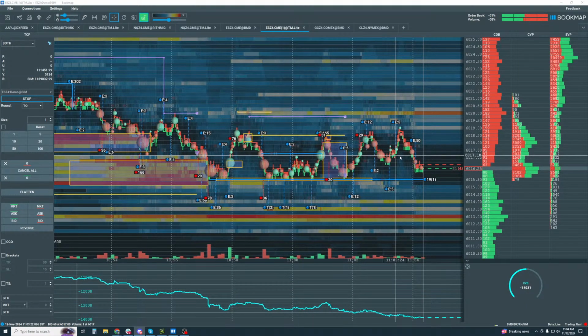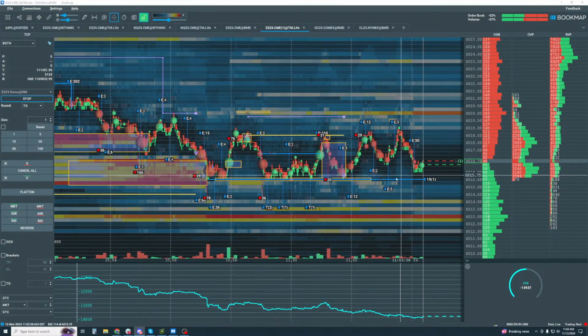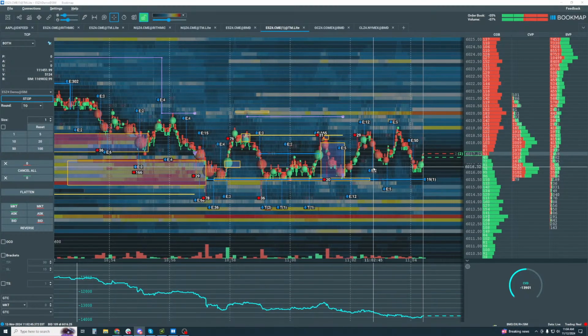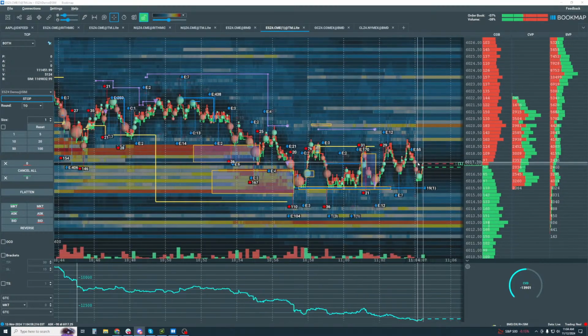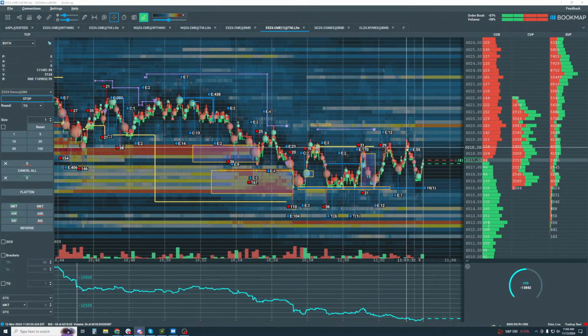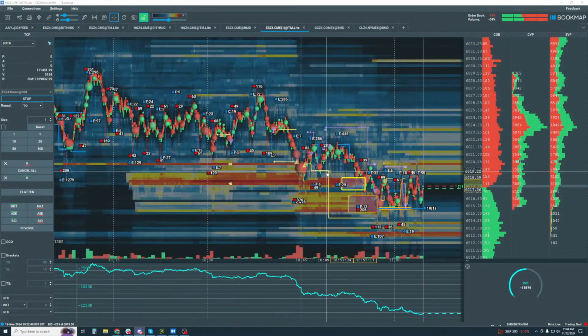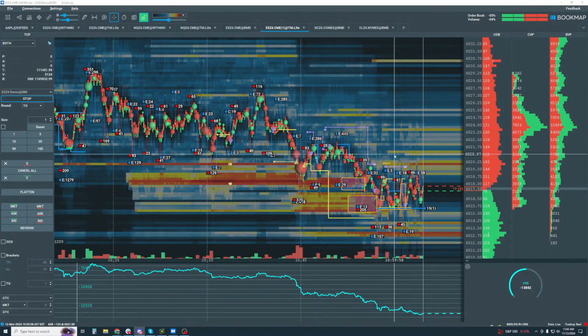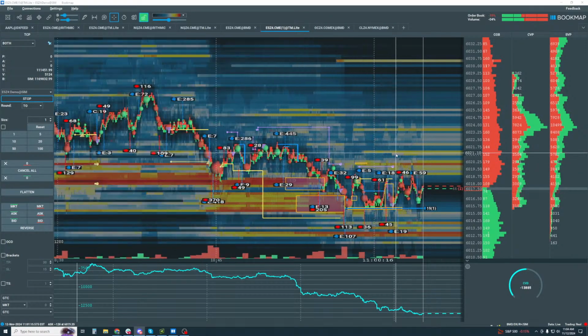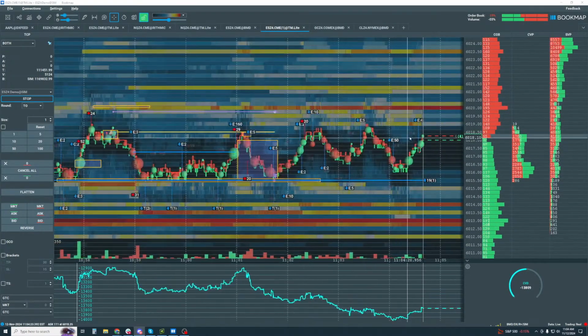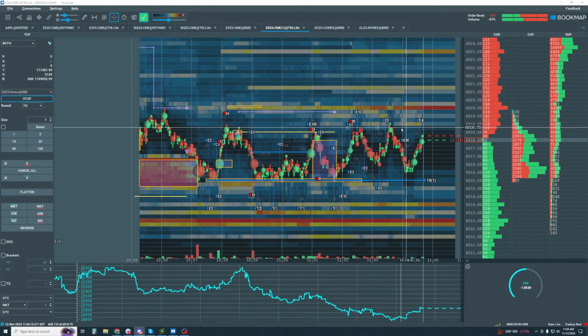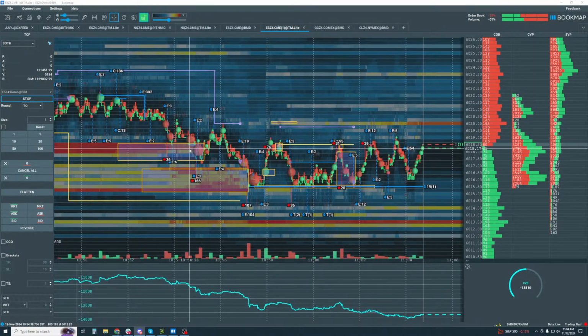Something that a valley fan does at his pivot levels. Okay, it's the same idea that he's using for his Camarilla pivot levels. We're going to cover it though in terms of liquidity.